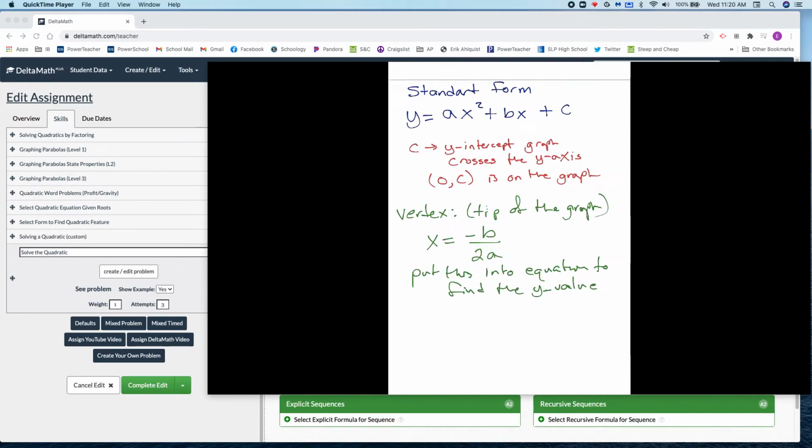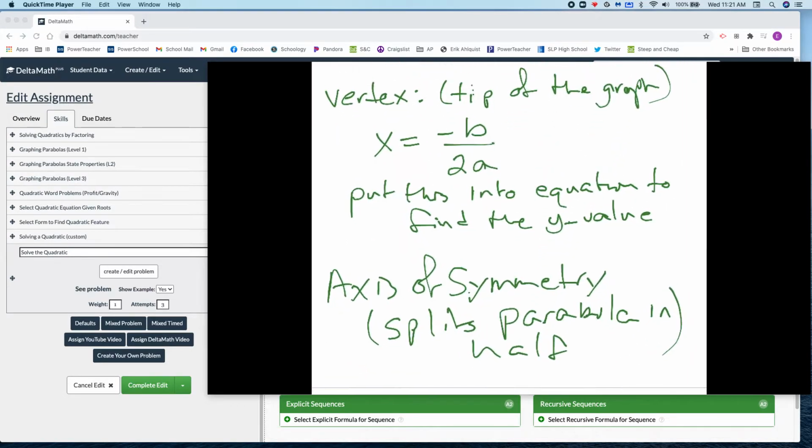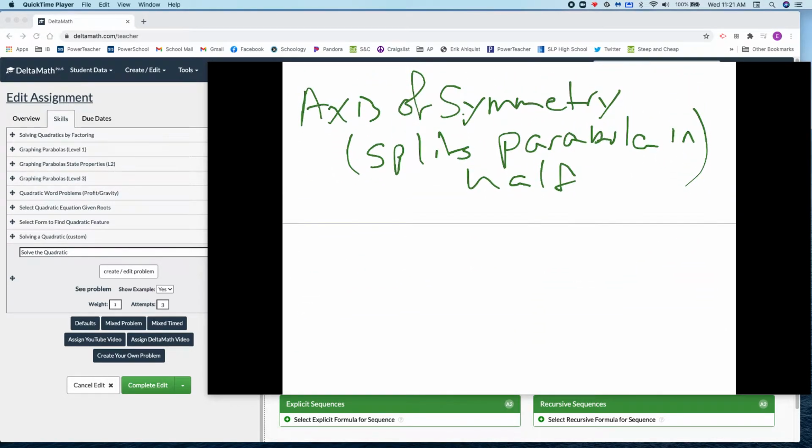Know that the axis of symmetry on a graph, and remember that's the part that splits the parabola in half, is also x is equal to the opposite of b divided by 2a.